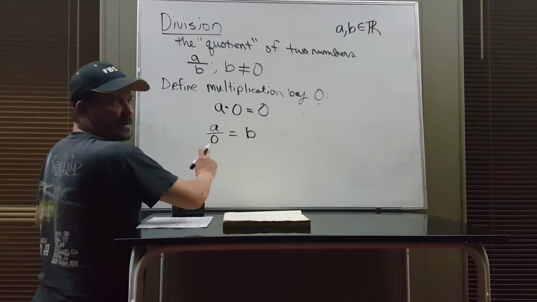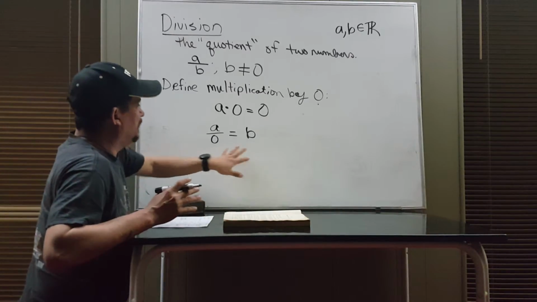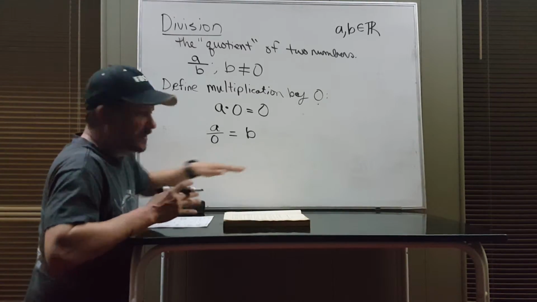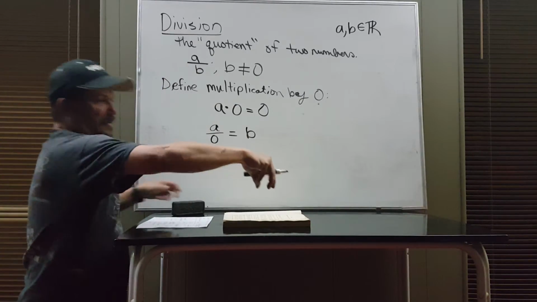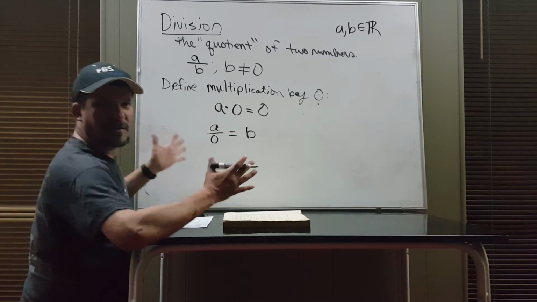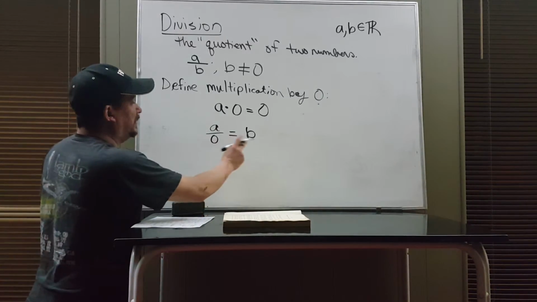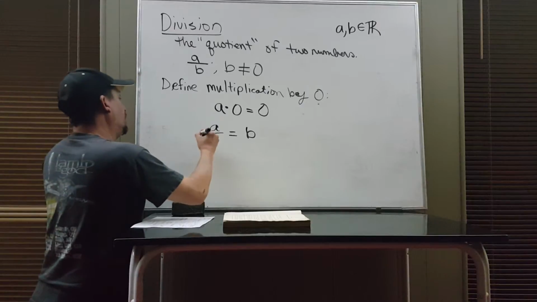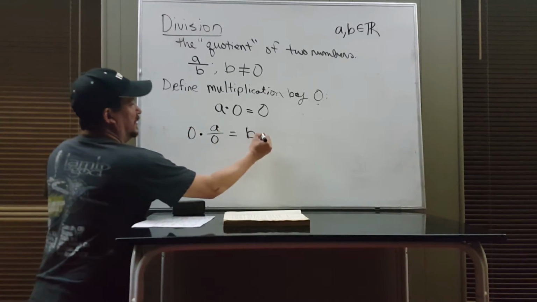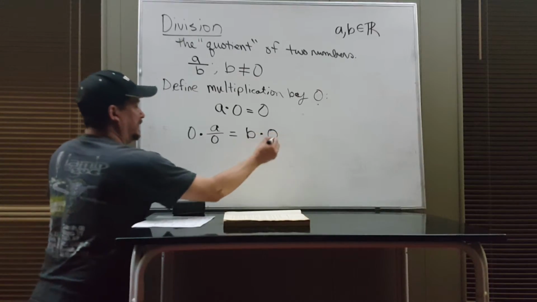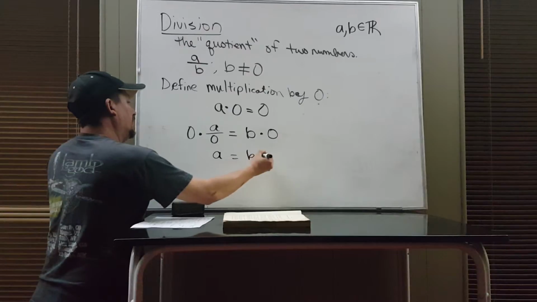If I multiplied both sides, whatever you do to one side of an equation, it remains equal on the other side of the equation. It's like one of those old balance scales. If you took things off, you would have to take things off the other side in order to keep it balanced. So whatever I do to one side of the equation, I have to do to the other side. So if I multiply this side of the equation by 0, I have to multiply this side of the equation by 0. And then I would have A is equal to B times 0.